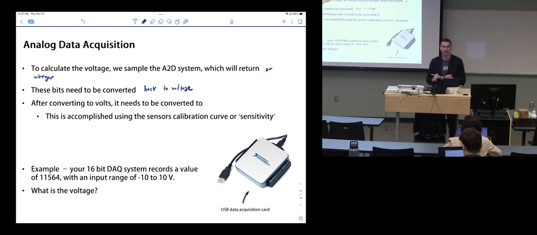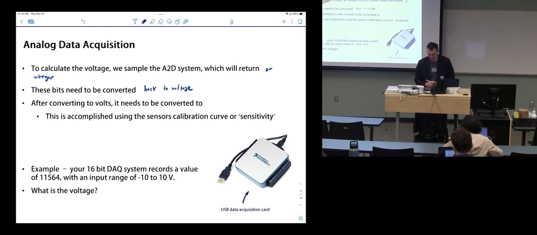Once you get your integer number from your A to D card, you have to convert that back into volts, and then you have to convert it back into the units of the original system that was measured. So there's two conversions. The first we're about to discuss. The second depends on the sensor you're using.